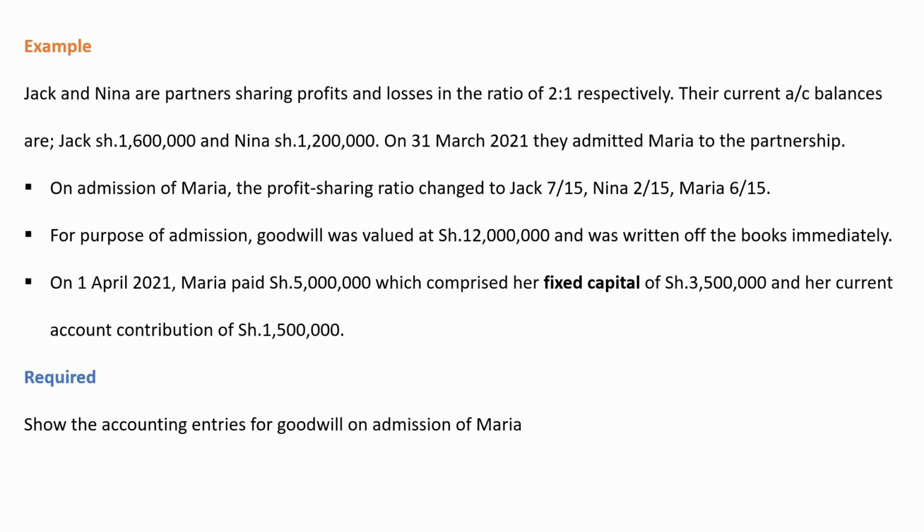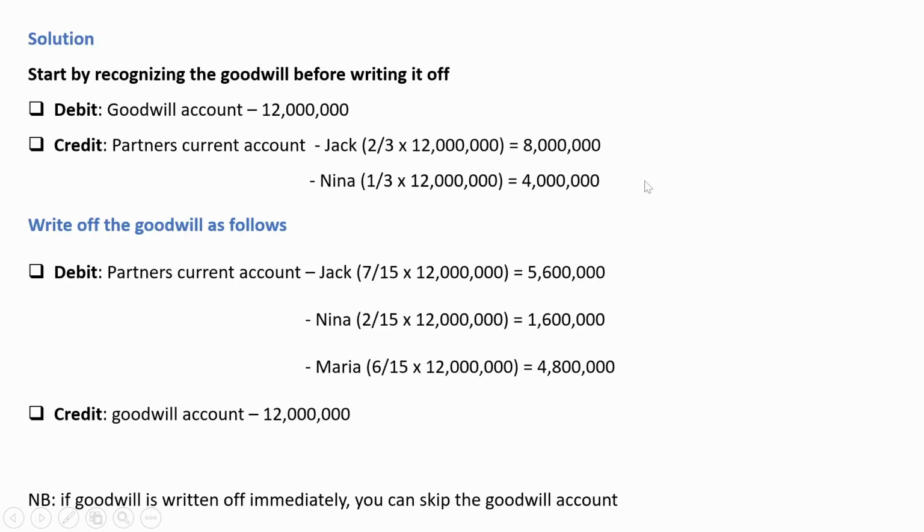So all partners, we are going to have Jack, Nina, and Maria. The new profit sharing ratio is given here, 7/15, 2/15, and 6/15. So the 12 million will be divided using this ratio. So we debit partner's current account.